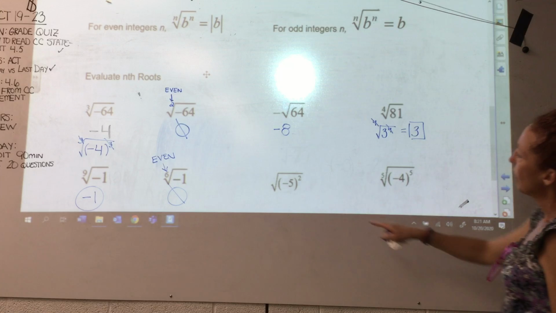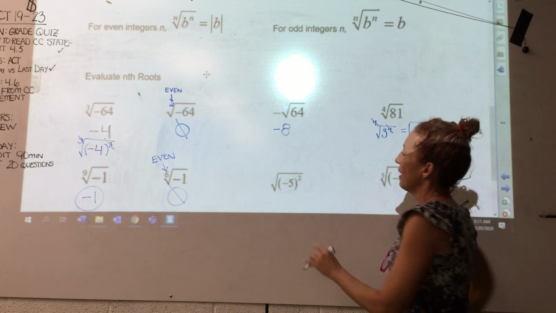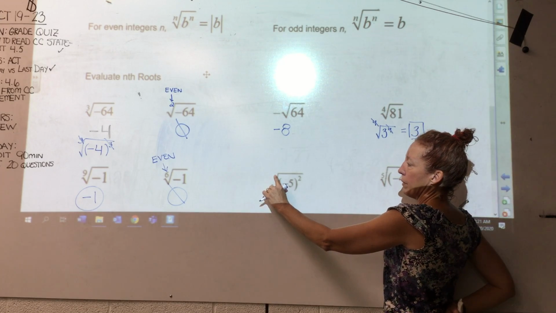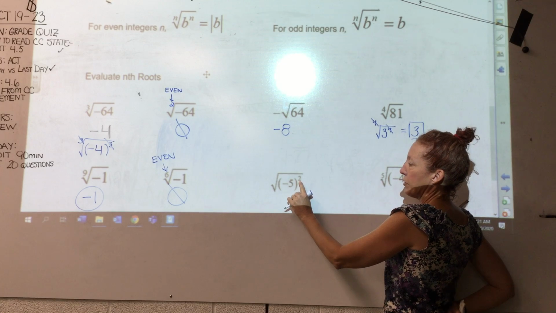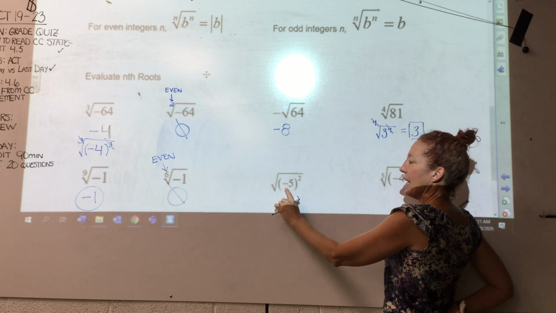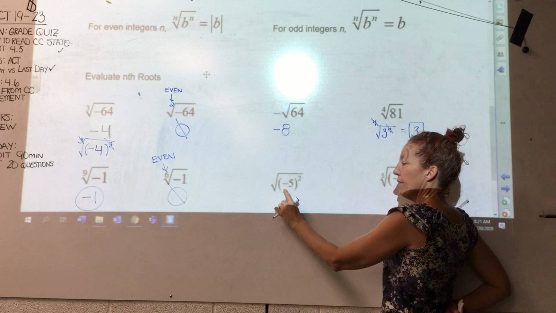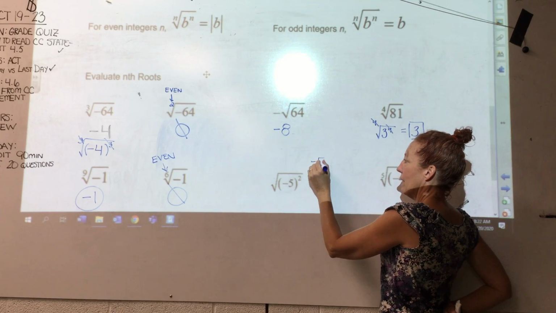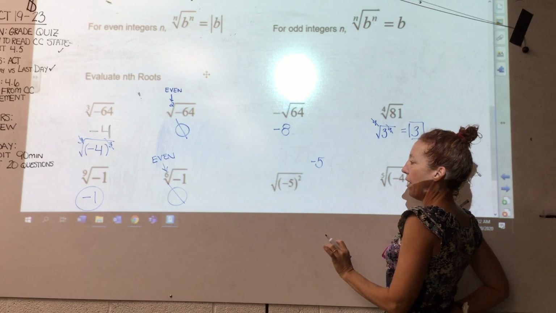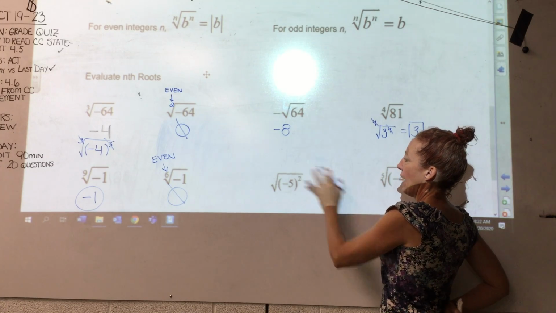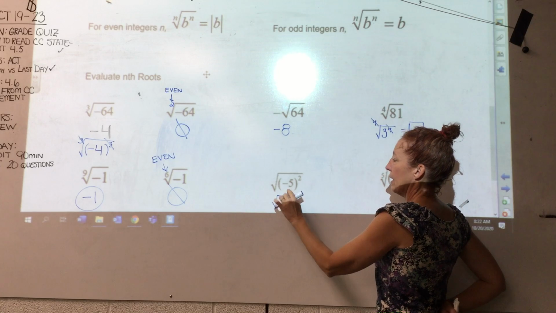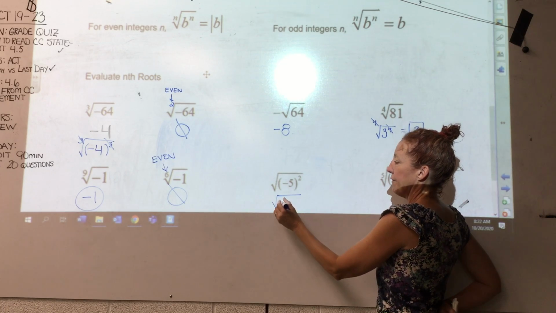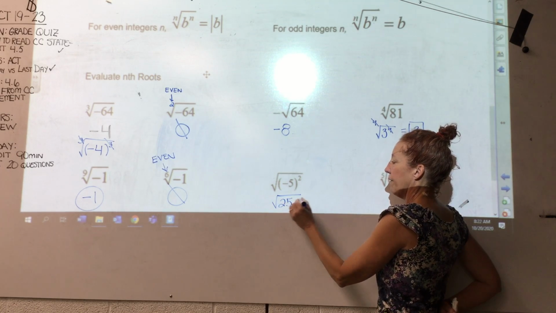And so watch what happens. If I'm taking the square root of something squared, this can't be -5 for an answer because we're only taking the positive option. So what's happening here is -5 times -5 is +25.